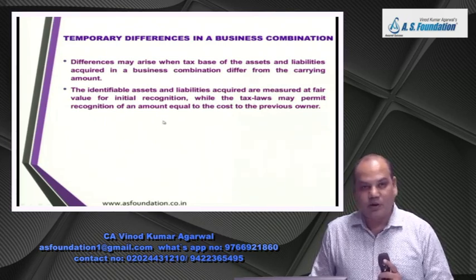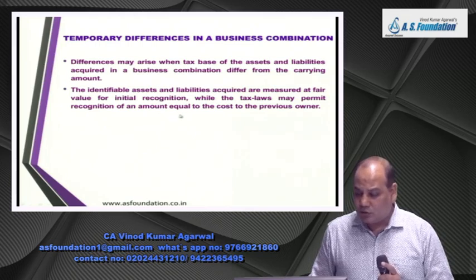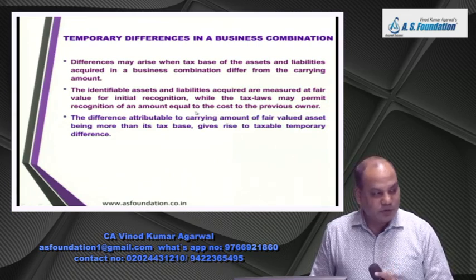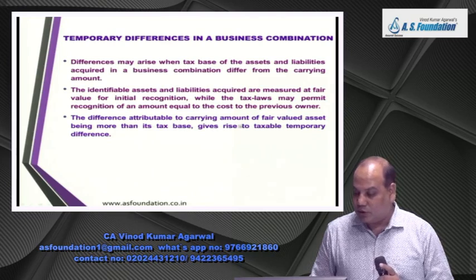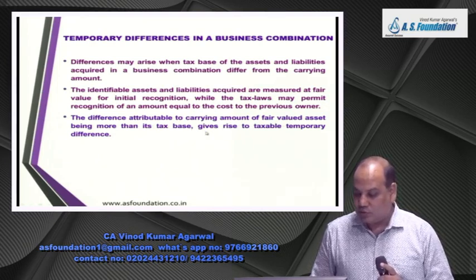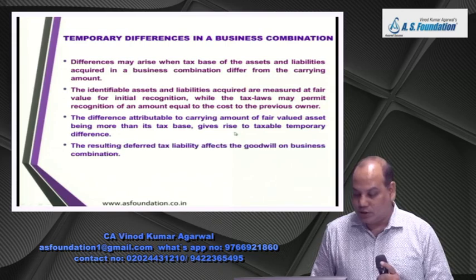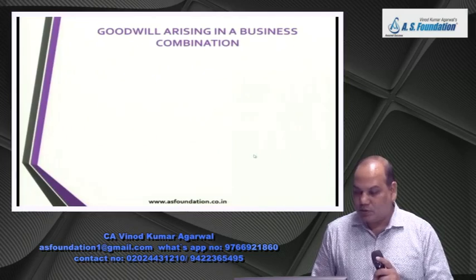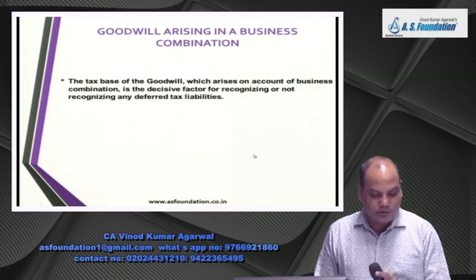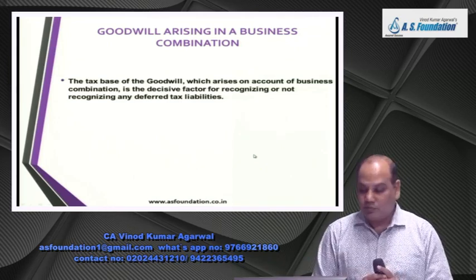Tax laws may permit recognition of an amount equal to cost to the previous owner. So this is just an explanation of the previous line again. Difference attributable to amount of fair valued asset being more than its tax base gives rise to TTD. The resulting deferred tax liability affects the goodwill on business combination. So this paragraph 27 is just an extension of 26 only.